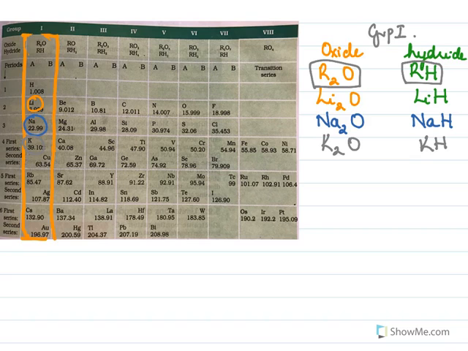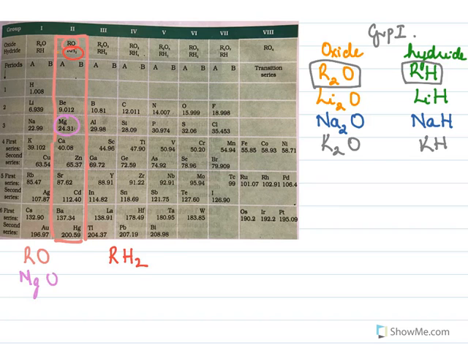Let us take up group 2. So here is group 2 with all its elements. And if you see here in group 2, the oxide is RO and the hydride is RH2. We'll take up the first element, say magnesium.